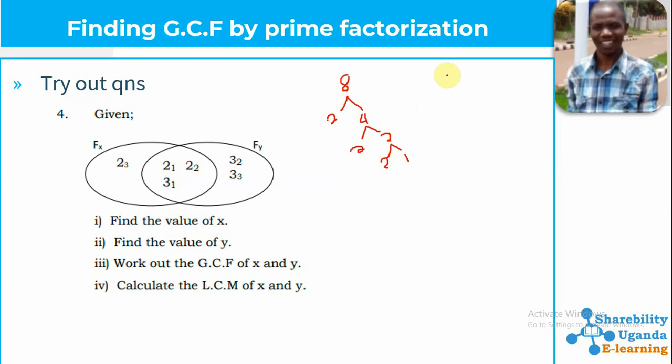Let's also try out another factor. Which one? Okay, we can try out 4 and also use the same concept of the factor tree method. We divide it by 2. Also here we divide it by 2.